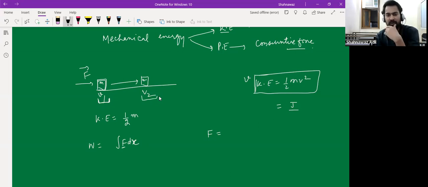So our aim should be that the integral should be in the form of the limits of velocities, initial velocity and final velocity.